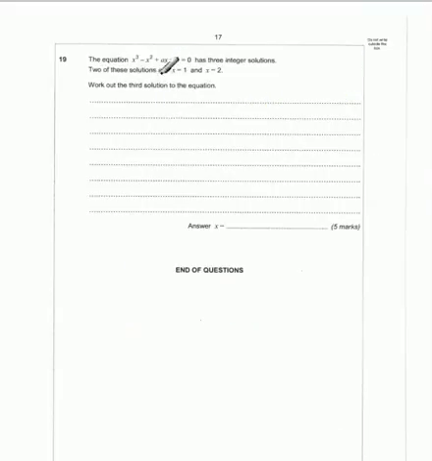Final question on the paper, we are looking at this cubic equation, and we are told a couple of solutions of this. So we can use the factor theorem to sub in these values into this and then work out a and b. So when x equals 1, what we're going to get is 1 cubed, which is 1, minus 1 squared, which is 1, plus 1a, plus b equals 0.